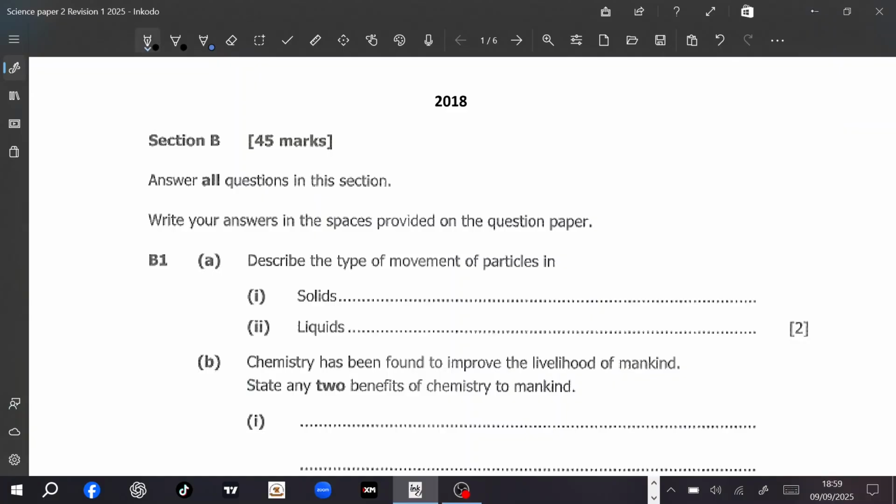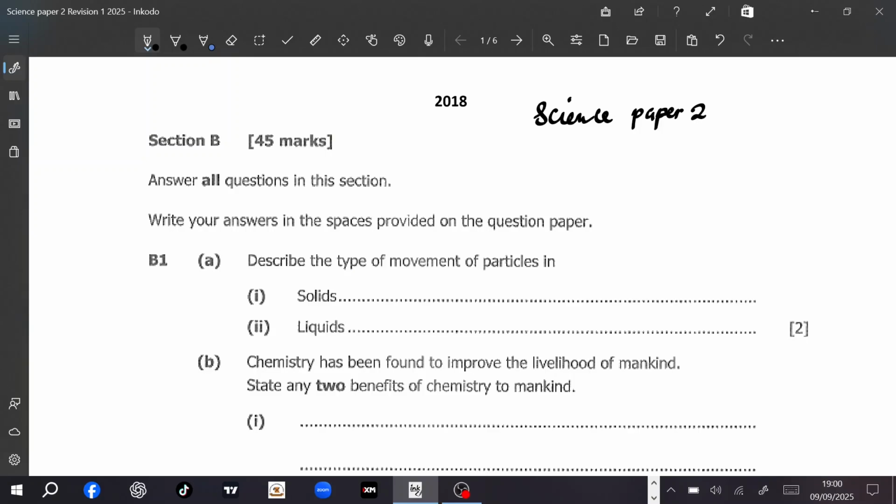So, just as I told you, we have started the revisions for Science Paper 2 in our WhatsApp group. I post the questions in the group, then I give you time to go through. Then, after I go through the answers, I also go through the same questions and show you how to answer them.